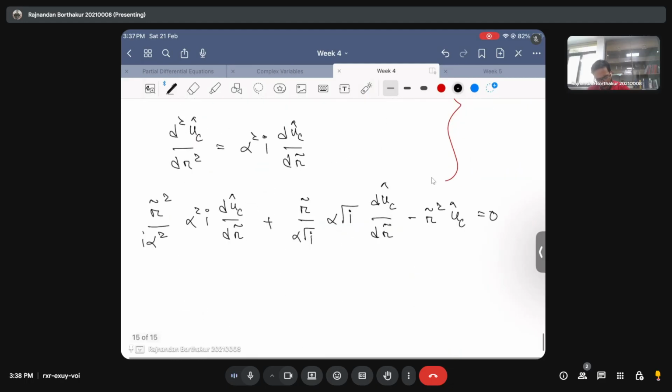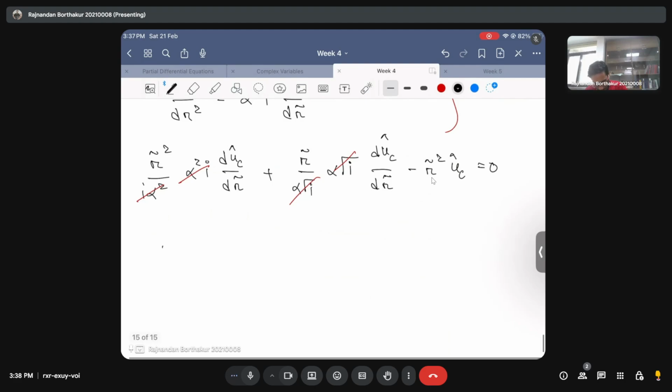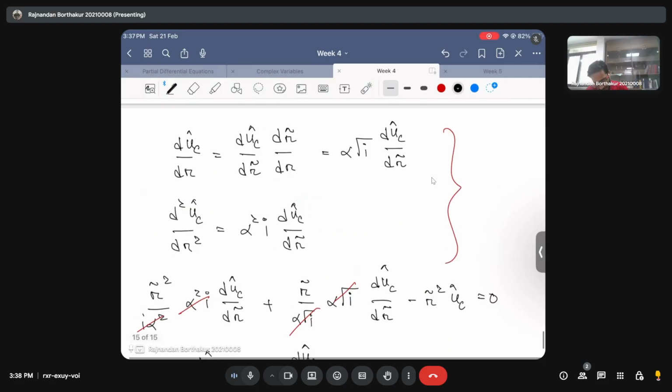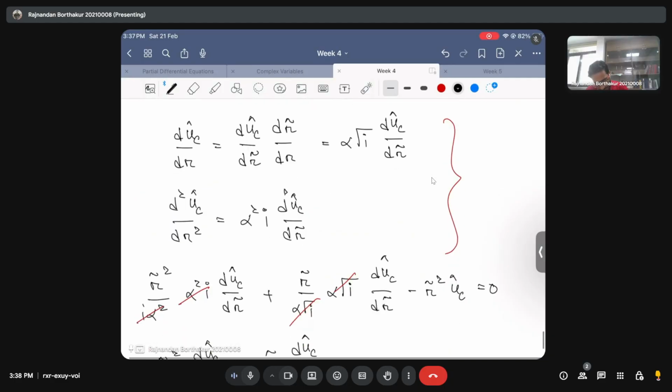Okay, so you can see that this term and this term cancel, and I just have r tilde squared d2 uc hat by dr tilde squared plus r tilde times duc hat by dr tilde. This is squared. Okay, I think I made a mistake. Yes, I'm taking the second derivative, so this is going to be squared.